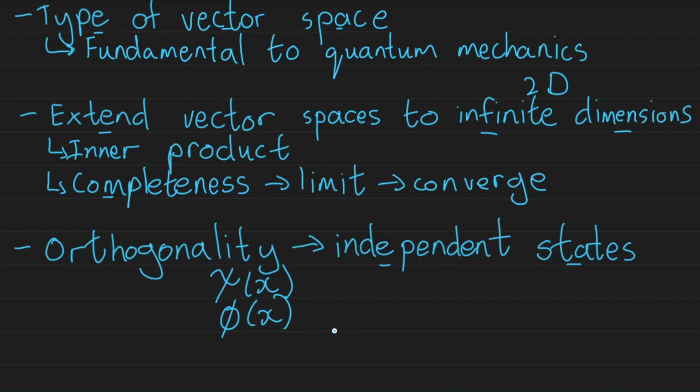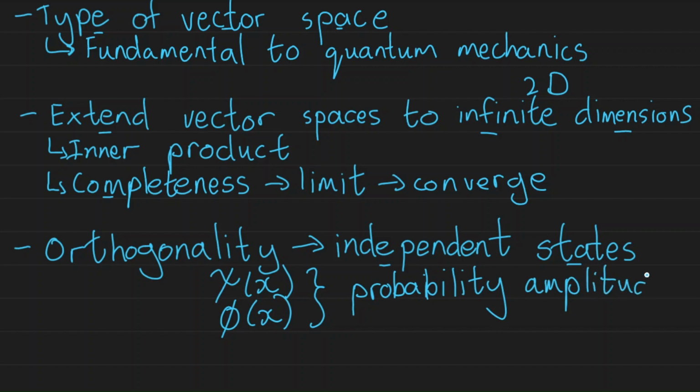Just once more, these are possible wave functions that represent the probability amplitude of finding a particle at a certain position x. Maybe along one direction, we have just this x direction here. So this is just in this one single direction.